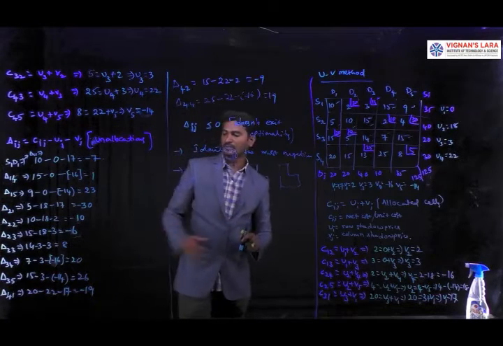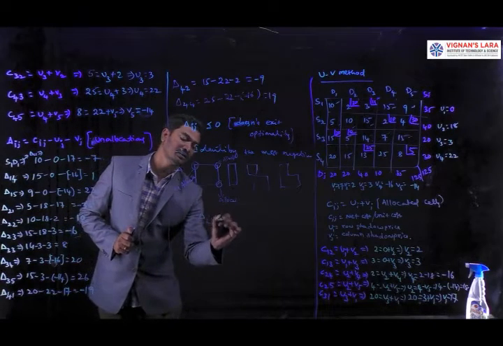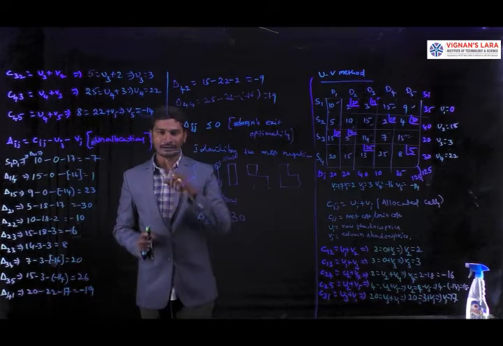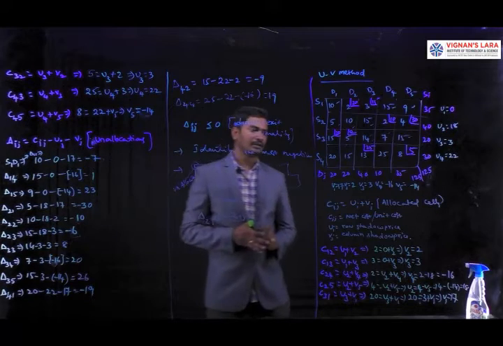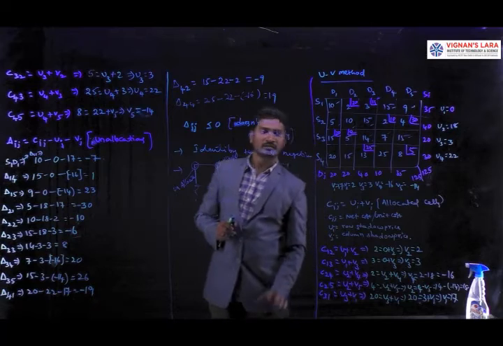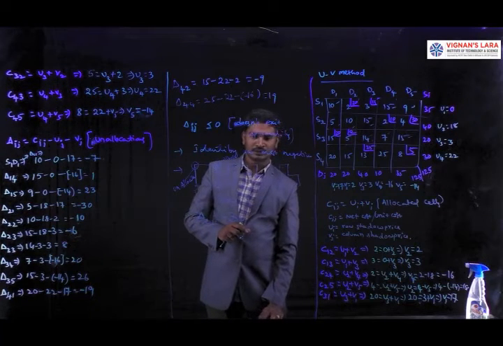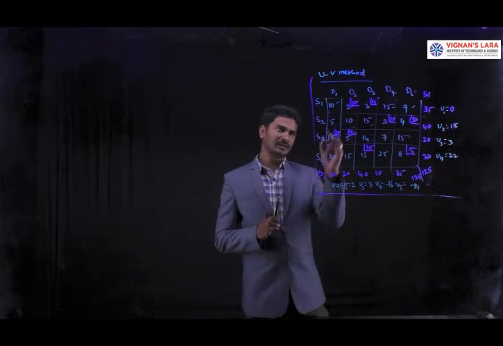Here we have the most negative value at delta 21. From this we are going to draw the loop. Here I would like to take this most negative value cell and draw the loop. Here the loop is started.